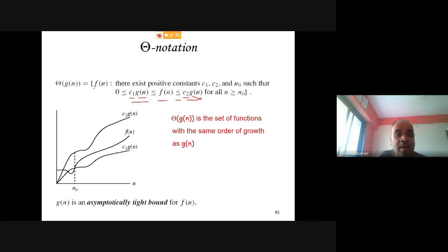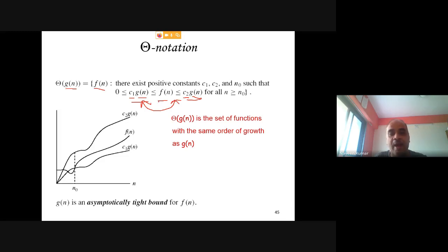Then only can you write that this function is theta of gn. So the same function will be used, and the only difference is that the constant will be different. Then only can you create a change by changing a constant. So fn should be bounded from both sides.